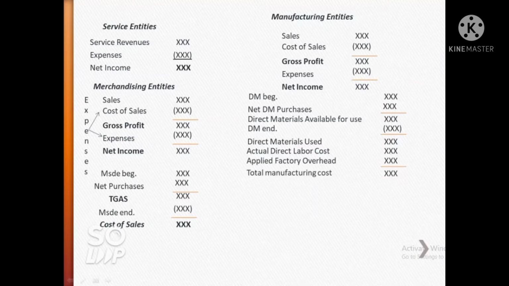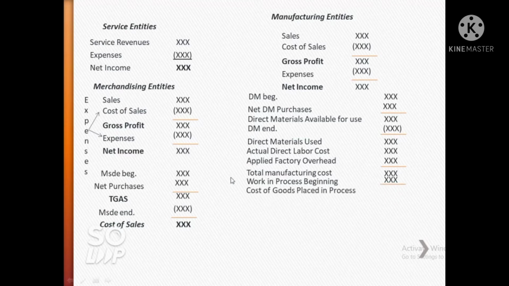So maybe you have also some units that have been started in the past but are not yet finished. You need to get the cost of that because that is what we consider as work in process beginning. That is supposed to be added with the total manufacturing cost to get the total goods placed in process.